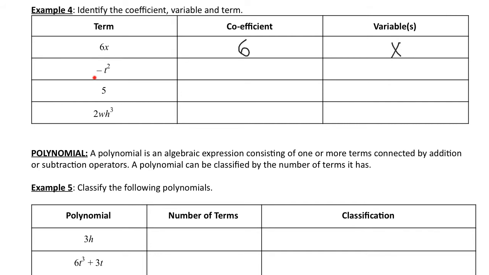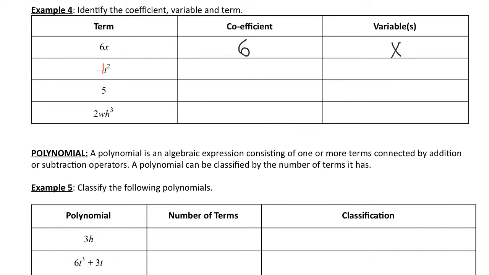In our next example, we have a term of negative t squared. So what would our coefficient be? If we take a look at our term, it doesn't seem like there is a number in front of the t. But remember our rule in mathematics. Just because you don't see a number doesn't mean that there isn't a number there. Typically when you don't see a number, that actually means that there is a 1 in the front.